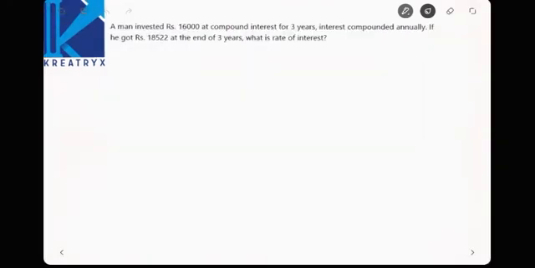A man invested rupees 16,000 at compound interest for 3 years. Interest compounded annually. If he got rupees 18,522 at the end of 3 years, what is the rate of interest? Now similar question, right? 1 plus r by 100 to the power n is equal to amount by principal.